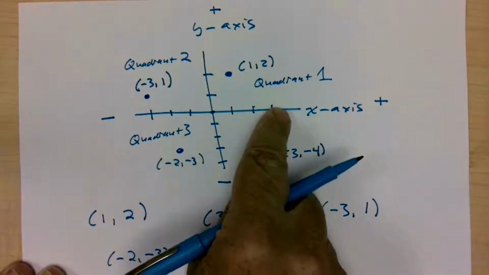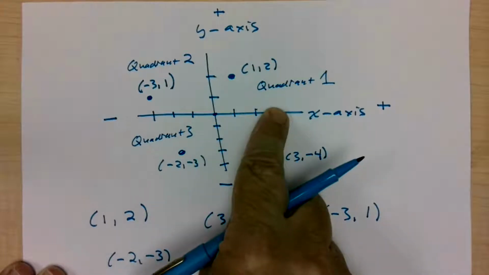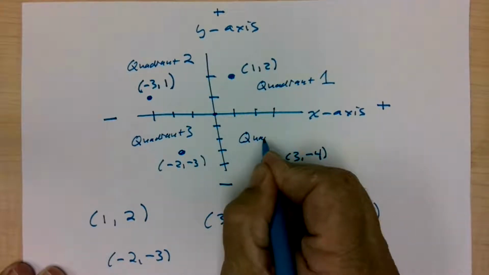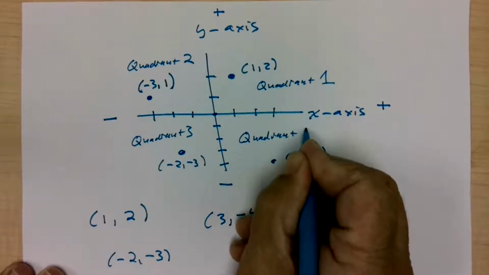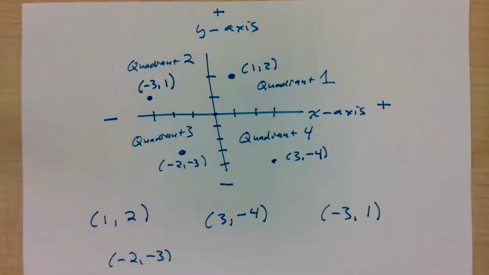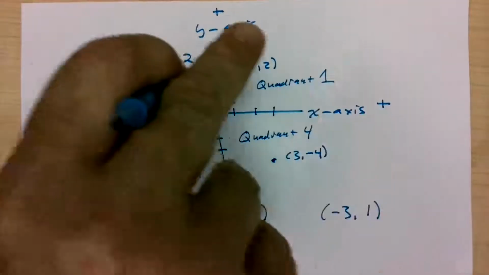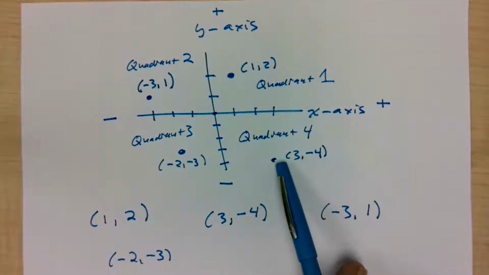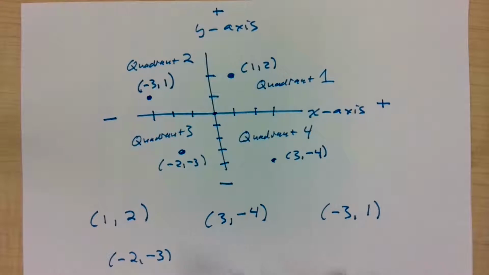And if x is positive and y is negative, so that's over to the right but down, that's quadrant 4. So the quadrants are defined by the signs: positive, positive, quadrant 1; negative, positive, quadrant 2; negative, negative, quadrant 3; positive, negative, quadrant 4. That's what we're looking at.